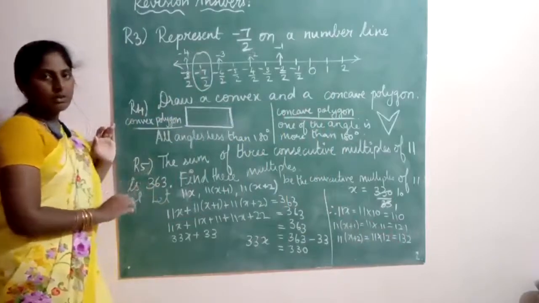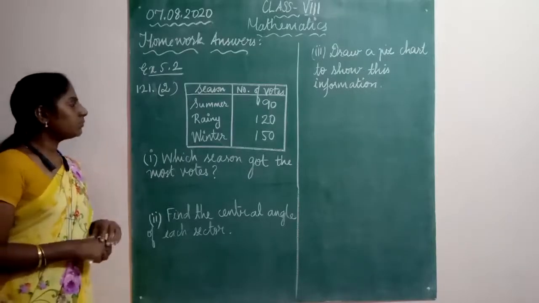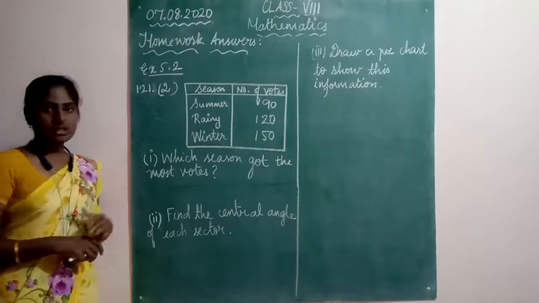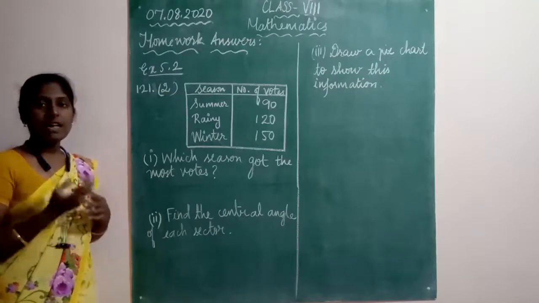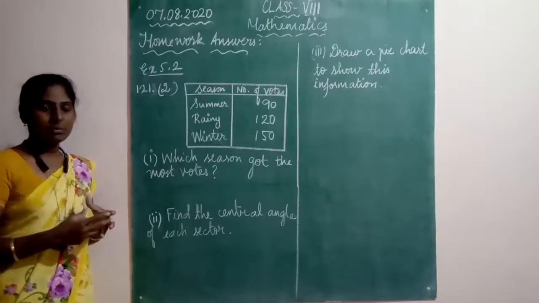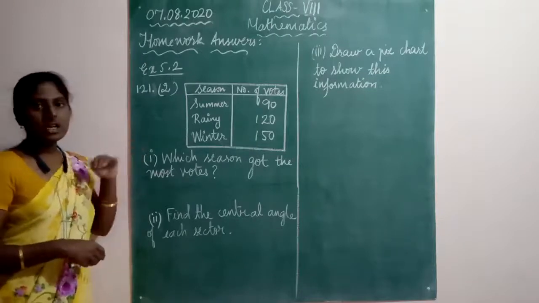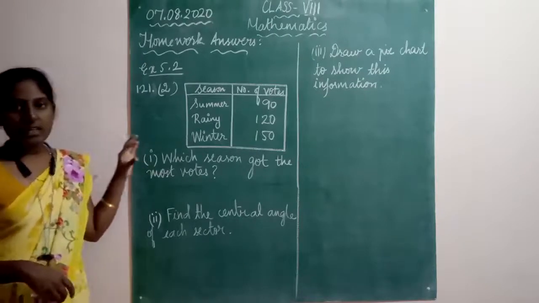Is it clear for all of you? Now let us look at the second question of exercise 5.2. In this question, 360 people were surveyed, and they voted for their favorite season: summer, rainy and winter. They have tabulated the information.